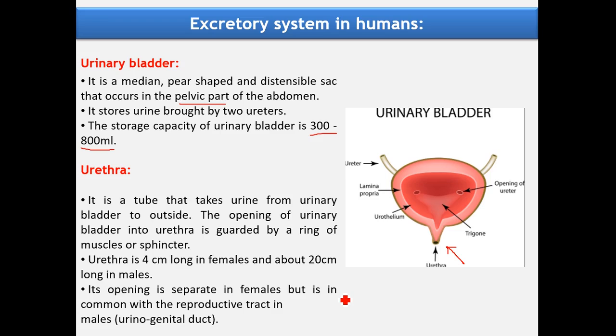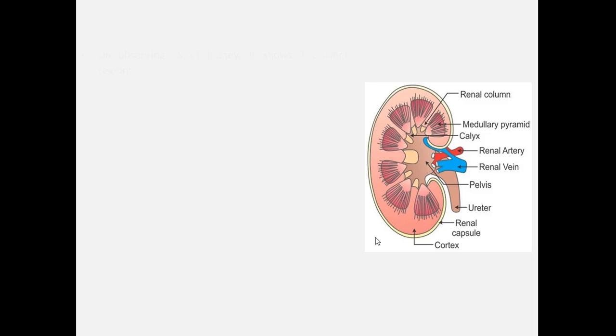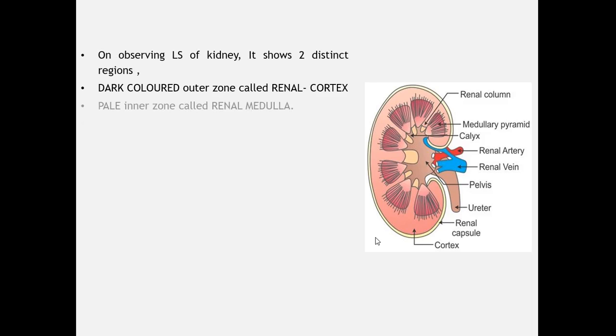The sperms are the male gametes. Hence, in males it is called the urinogenital duct. This is about the excretory system in humans.